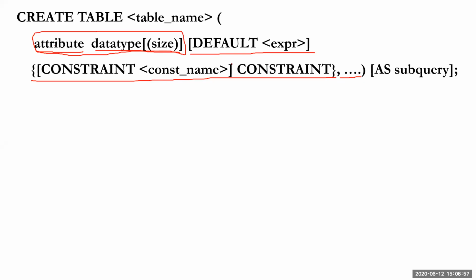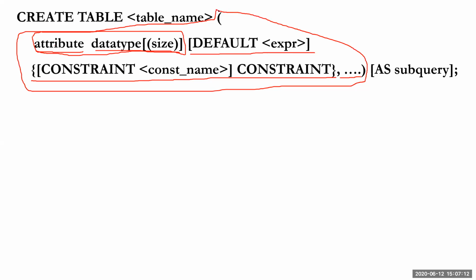If you do not need all these things, and one table already exists, and you want to create a new table from that table, instead of specifying all these points, we just omit them and apply only a subquery. It will be discussed after the select command of DML, data manipulation language, is over. What a subquery is will be discussed with you after completion of the select command.